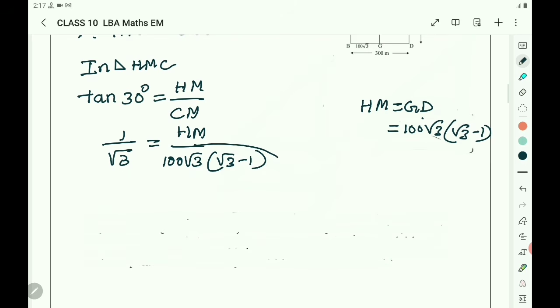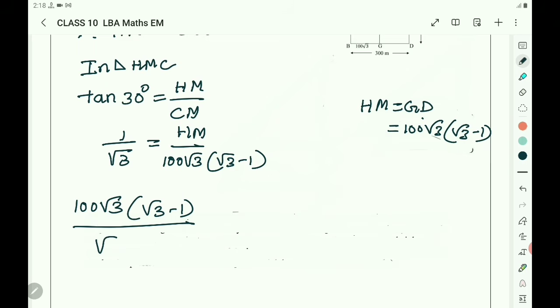Now here you do the cross multiplication. 1 into 100 root 3 into root 3 minus 1 by root 3 equals HM.